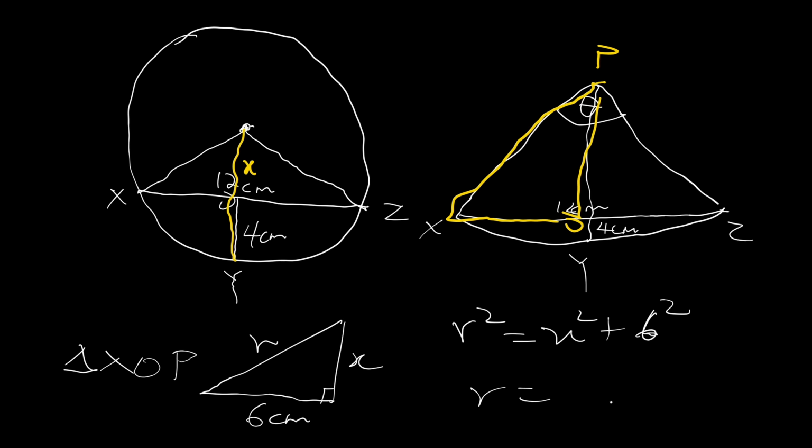Let's name this equation 1, and this is equation 2. So anywhere we see R in equation 1, we put X plus 4. So this brings us to this equation. We have (X plus 4) all squared is equal to X squared plus 6 squared.